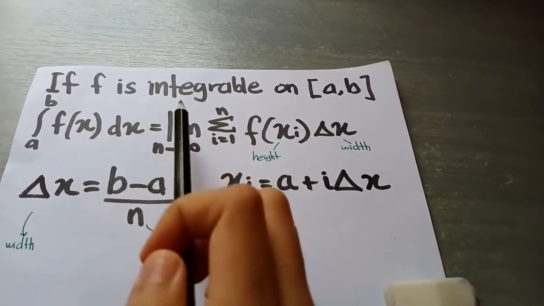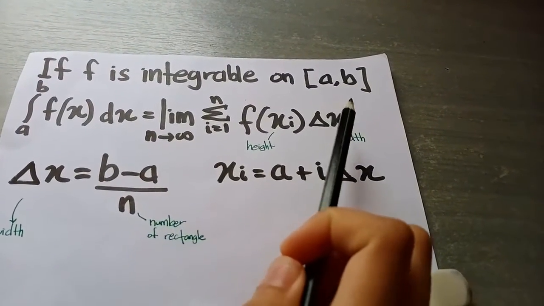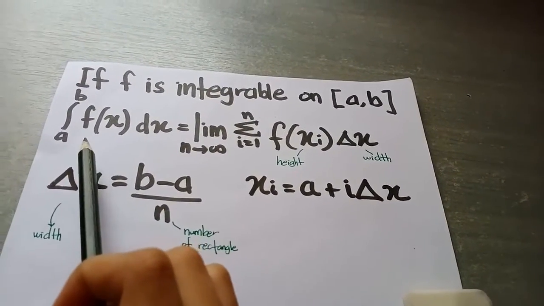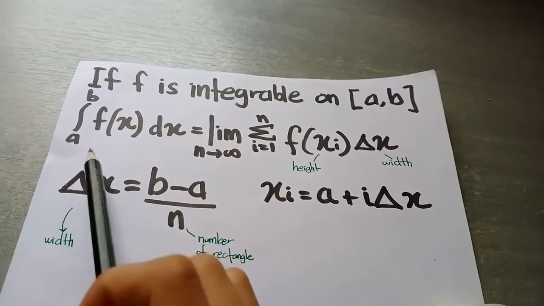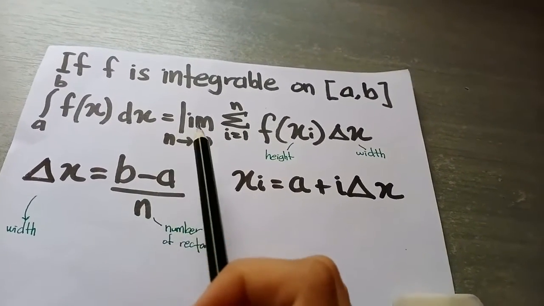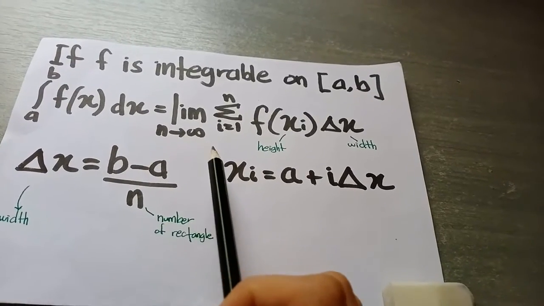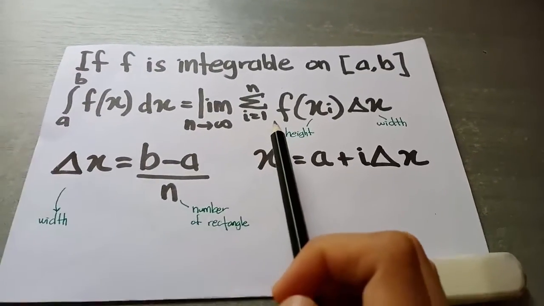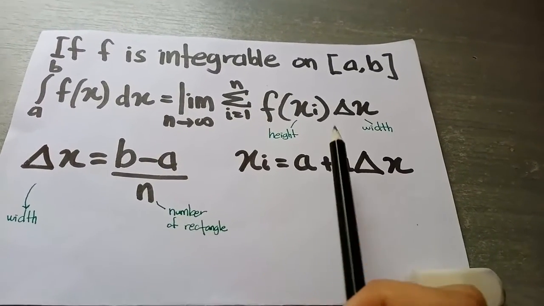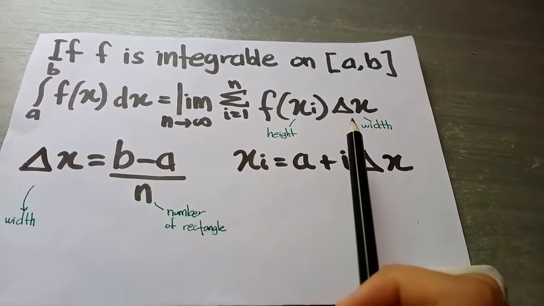If f is integrable on the closed interval [a, b], then the integral from a to b of f(x) dx equals the limit as n approaches infinity of the summation from i equals 1 to n of f(xi) times delta x.